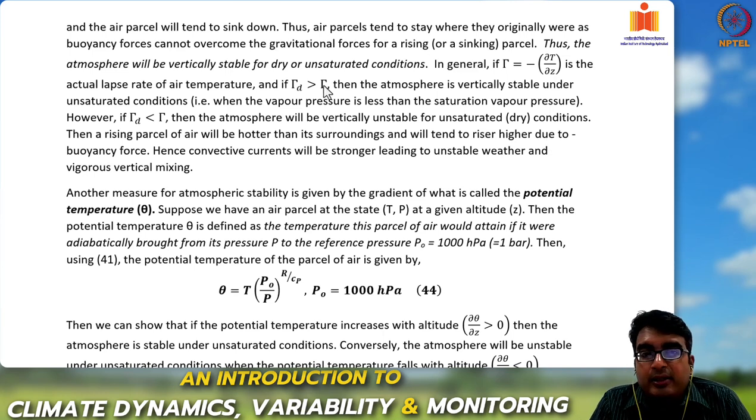So in general, if gamma D is greater than gamma, then the atmosphere is vertically stable for dry conditions. If gamma D is less than gamma, then the atmosphere is vertically unstable for dry conditions.